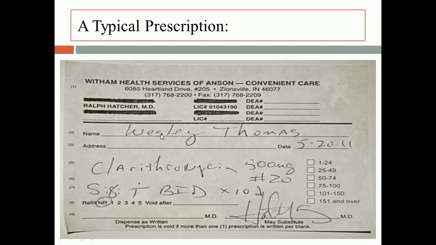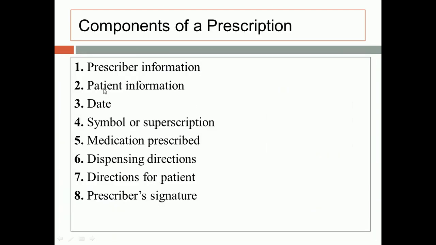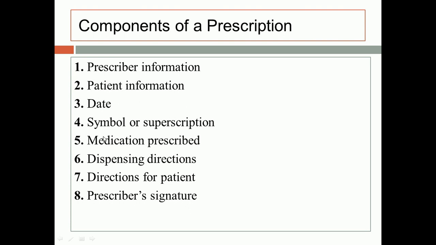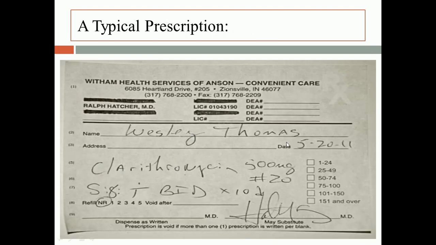Patient information, name, then age would be there, date, symbol of subscription, that is R, and medication prescribed, here which medicine has been prescribed, then dispensing direction, how the pharmacist or the nurse or the technician will dispense that drug.